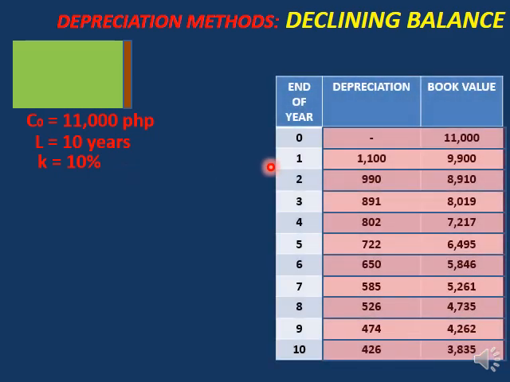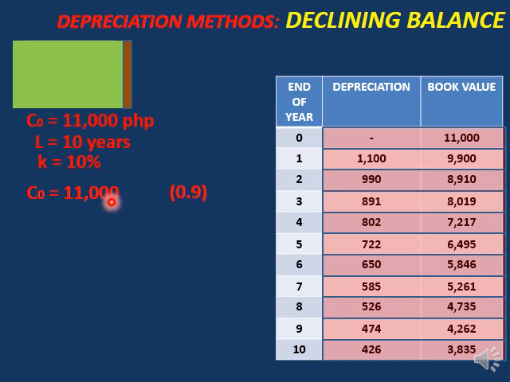Well, let's illustrate that in this depreciation schedule. Now, the photocopier is new and its book value is intact. But after a year, that amount will depreciate. So now the cost is 11,000. After a year, this amount will decrease by 10%, meaning the cost of this machine will become 0.9 of the original amount, because if we reduce it by 10%, what is left is 90%.